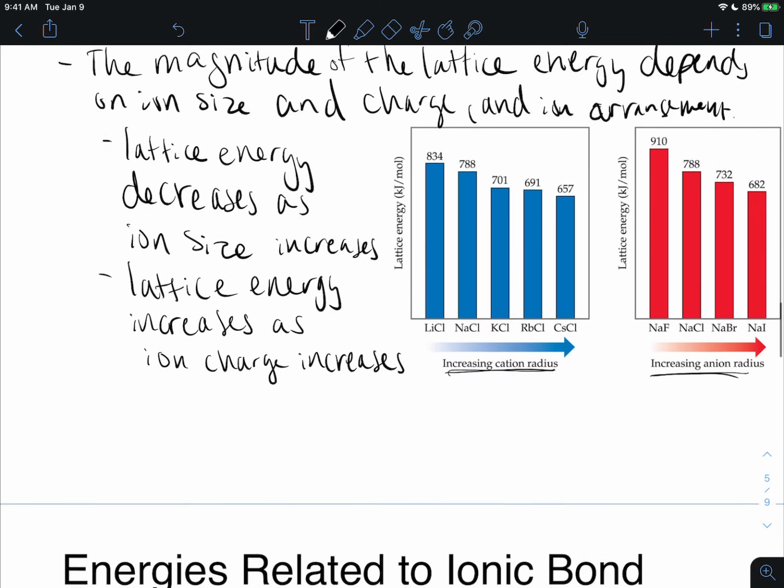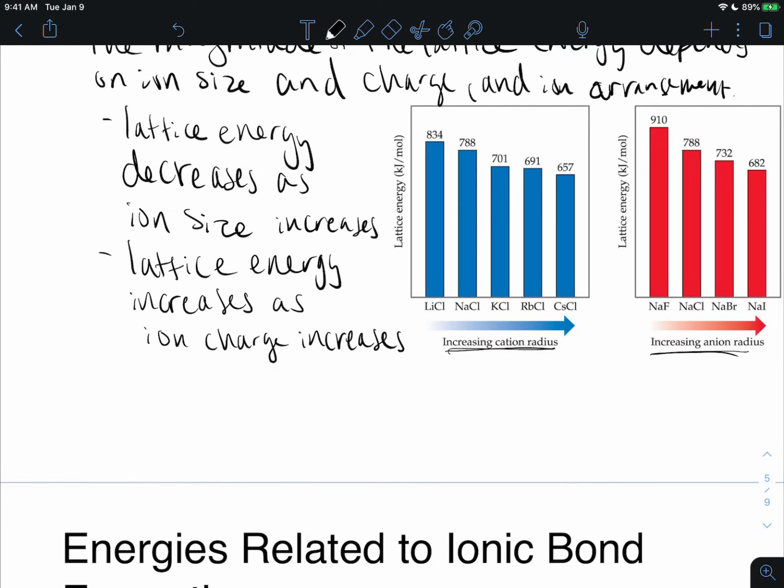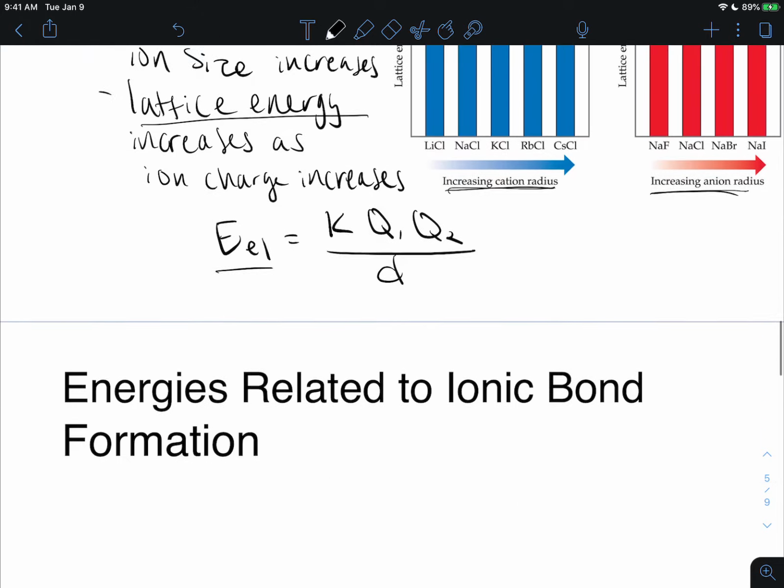And both of these things can be described by our electrostatic potential energy, where we have our constant, our charge on particle 1, charge on particle 2, and our distance. So the greater the charge, the greater the magnitude of the charge, the smaller the distance, the greater electrostatic potential energy, and lattice energy is going to be directly proportional to our electrostatic potential energy.